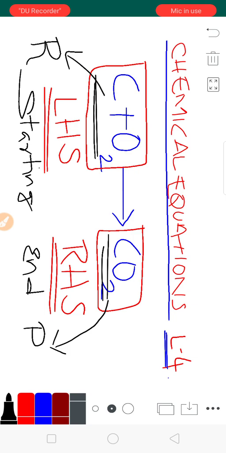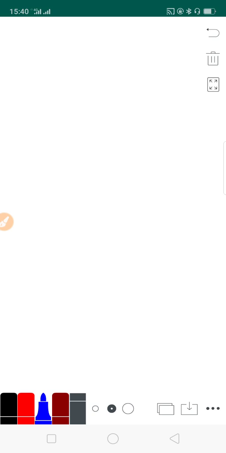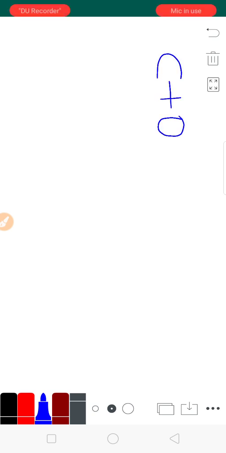Now let us compare the number of molecules or number of atoms present on LHS and RHS. The equation was C plus O2 gives CO2.